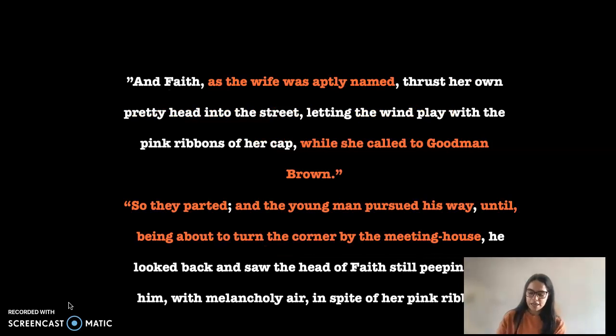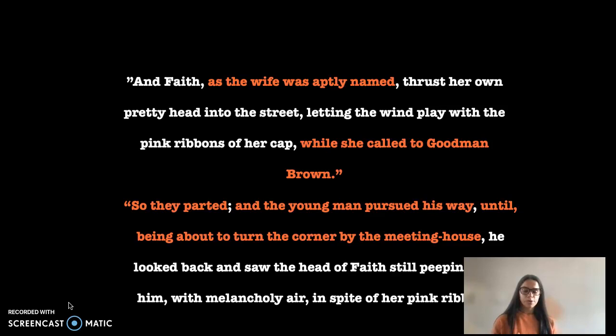So here you will see that the dependent clauses are located in the middle and in the end of the sentence, as the wife was aptly named. So this is contributing and letting readers know who Faith is, because in the story, the message is about God and a man's faith and losing his faith.